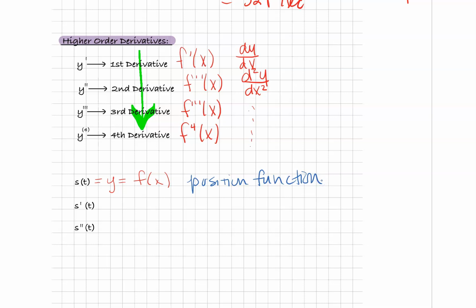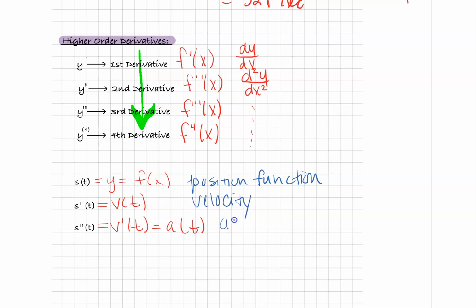And so if I come to s prime of t, and we just saw this, is our velocity function. And so when we find the first derivative, we're able to locate our velocities. Your s double prime of t, this is the derivative of your velocity, or we call it our acceleration function.